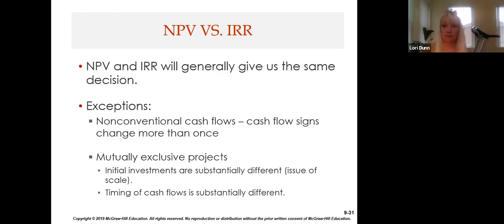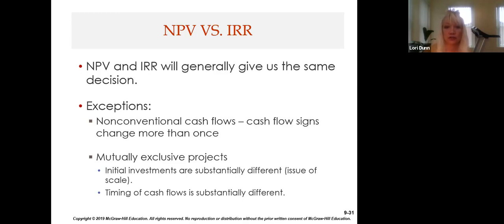So far, in the examples we've looked at, all the cash flows in the future are positive. But what if a cash flow in a future year is negative? Now we're in non-conventional cash flows: positive, negative, positive, negative. It's harder to use internal rate of return and net present value. You can't just calculate it and look at the answer. You have to dig deeper into it. We're going to look at that.